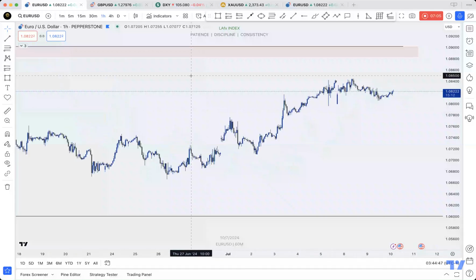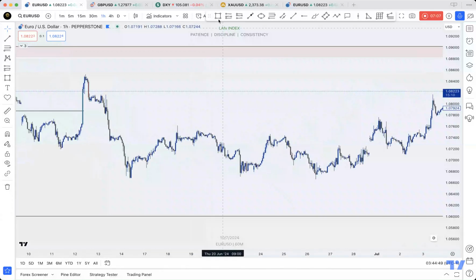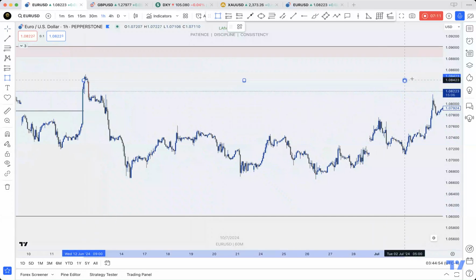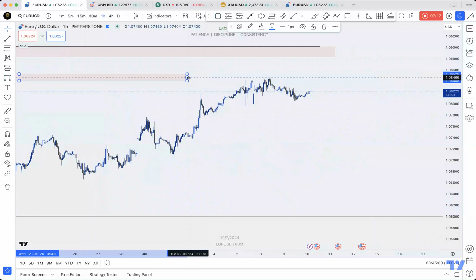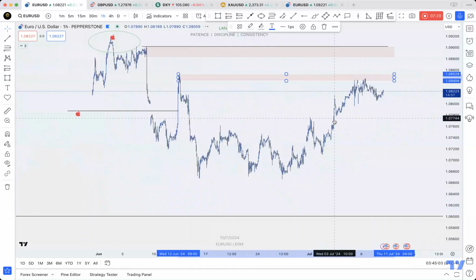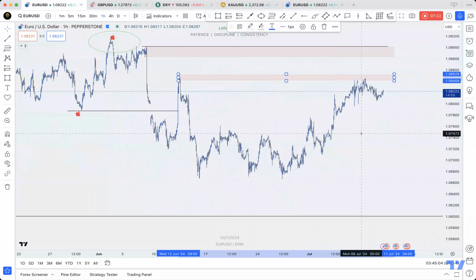We have some sort of supply here where price is currently reacting from. All right, but let's look at what is happening here.